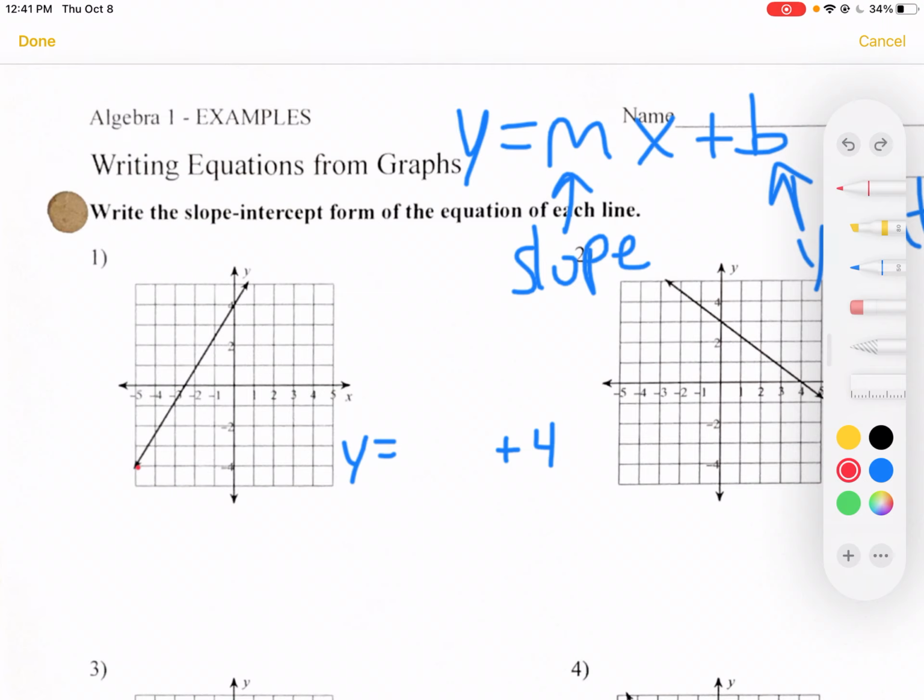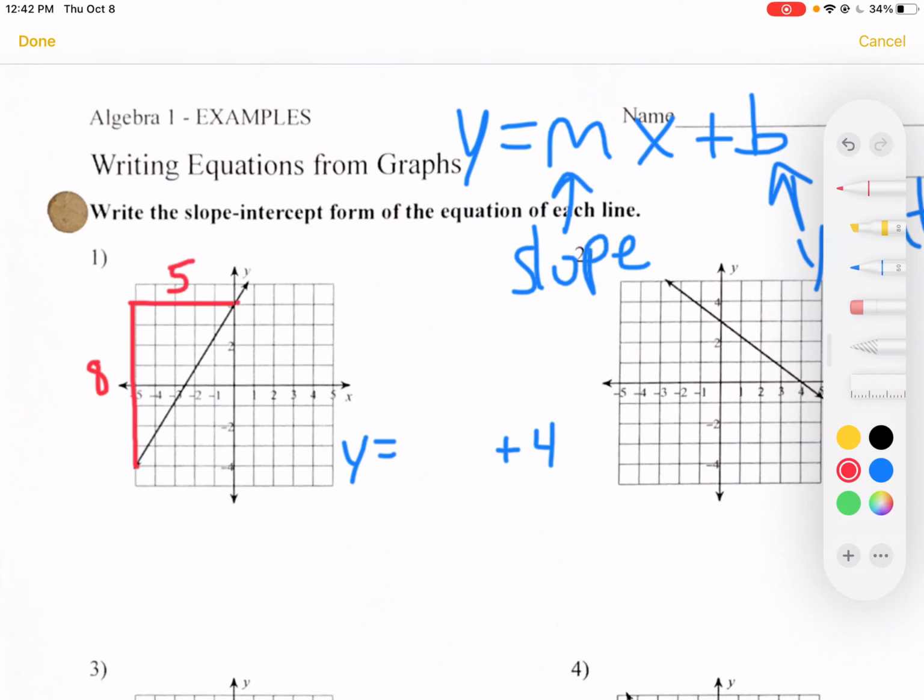And then we know up here it is as well. So I'm going to draw my slope triangle from those 2 points. And then I'm going to count. So 1, 2, 3, 4, 5, 6, 7, 8 that we rise, and then we run to the right 1, 2, 3, 4, 5 units.